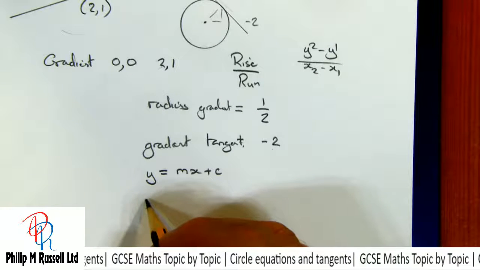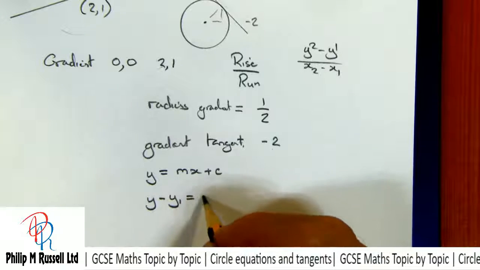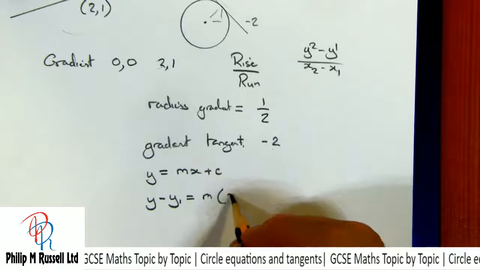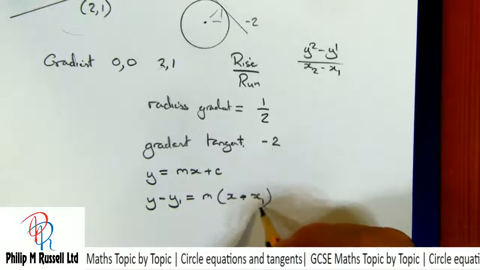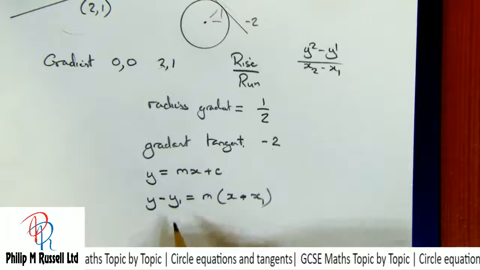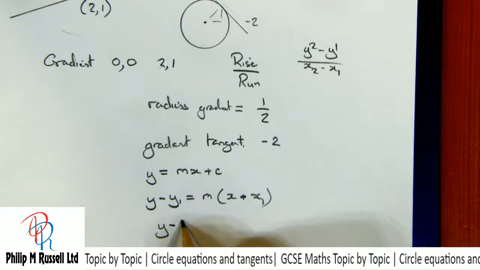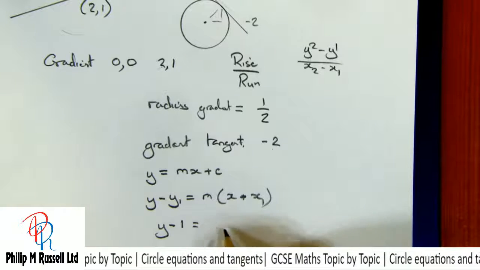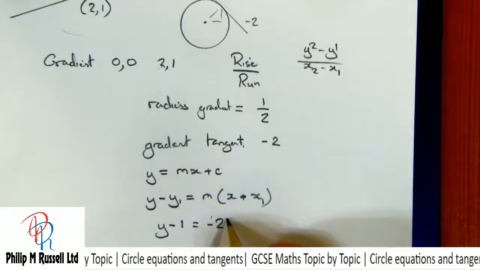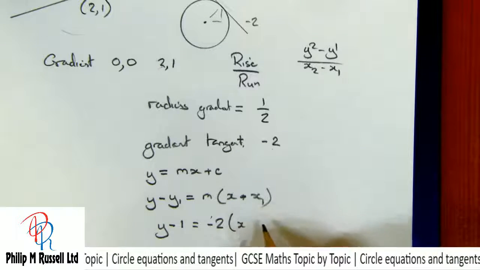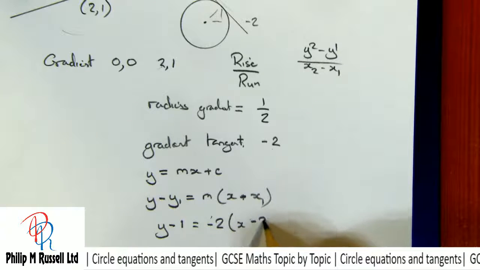So I could write y minus y1 equals m times x minus x1. So I can say that y minus 1 equals, we know our gradient is minus 2, times x, and we've got our minus 2.